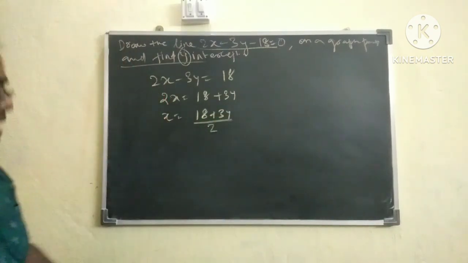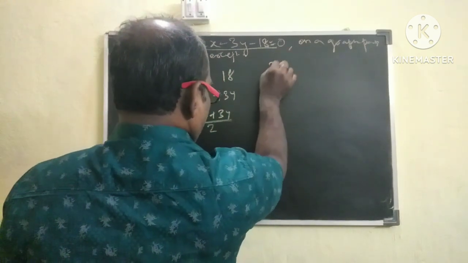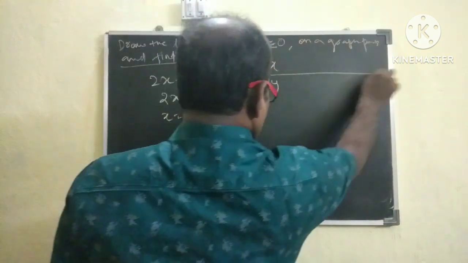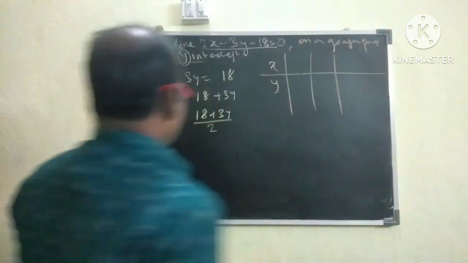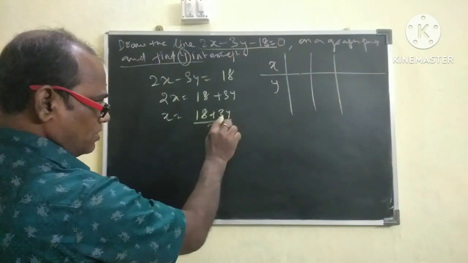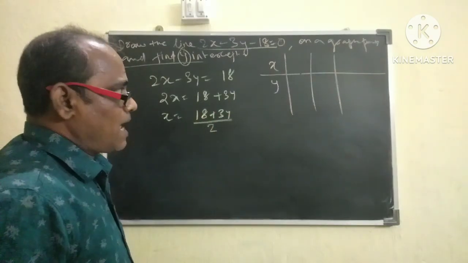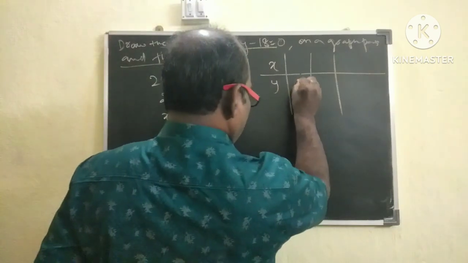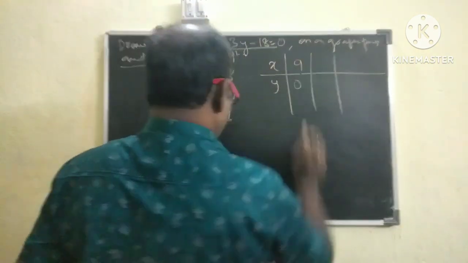So now we'll try to find out 3 pairs of points. Let us write here x, y, and make the column system. Number 1, at first let us take y to be 0. So 3 into 0 is 0, then 18 by 2 becomes 9. So y is equal to 0, x is equal to 9.